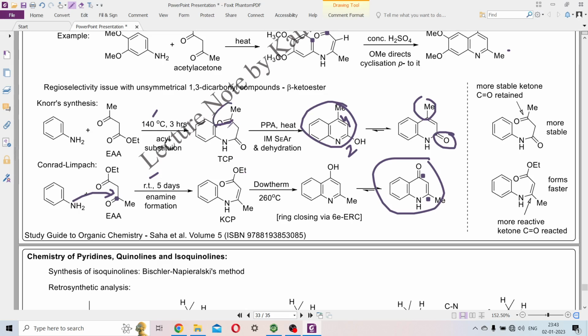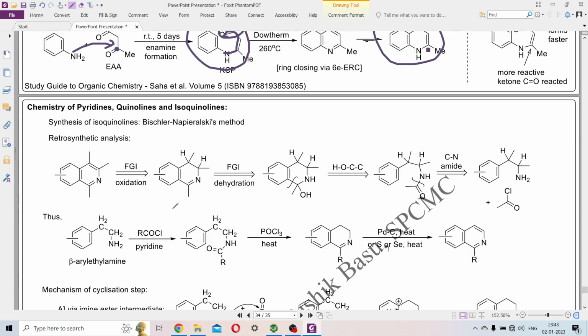So here is the keto linkage retained, and here you have the ester linkage retained, and the ester linkage is also cross conjugated here, and the keto linkage does not suffer from any sort of cross conjugation here. So it is the thermodynamically controlled product and it is the kinetically controlled product. By varying the reaction temperatures, you can encourage the formation of one over the other.